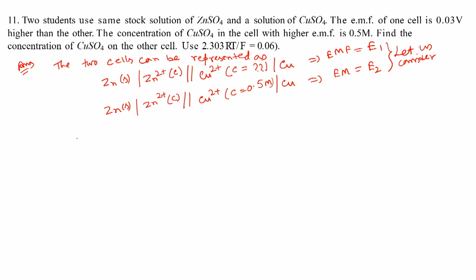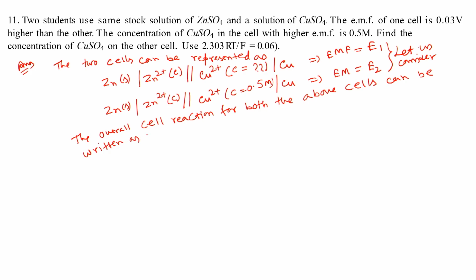The overall cell reaction for both the above cells can be written as: Zn is getting oxidized, so Zn solid plus Cu2+ gives Zn2+ aqueous plus Cu solid.